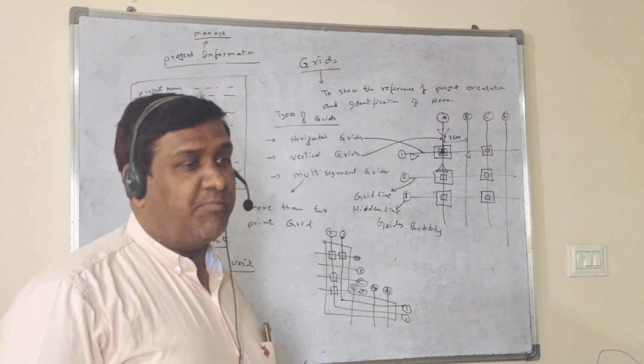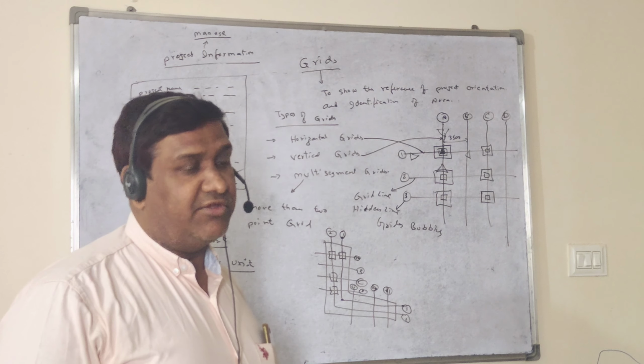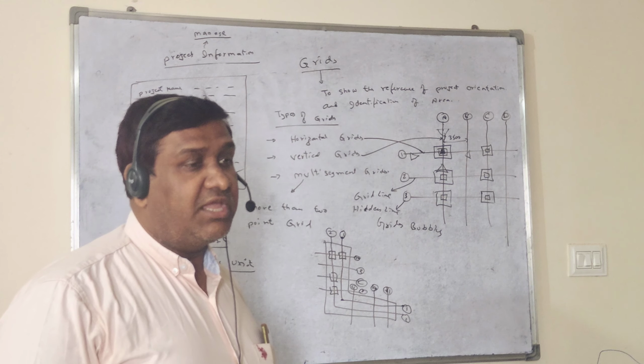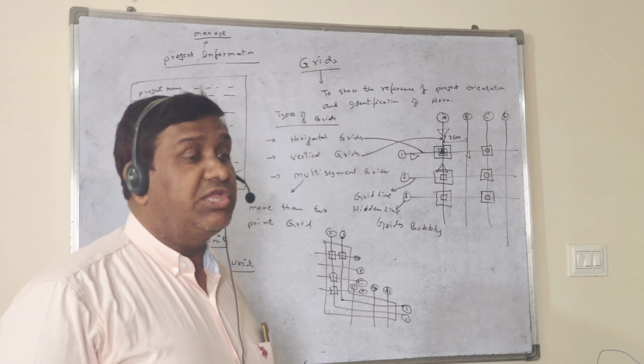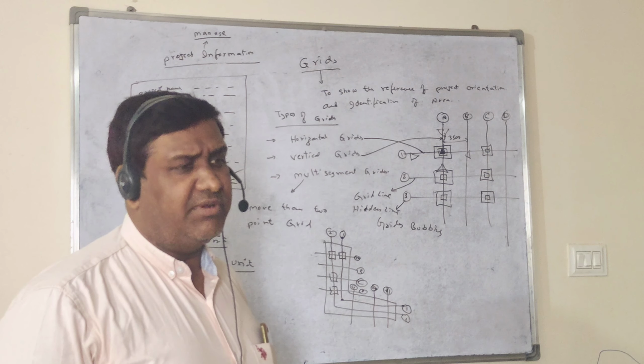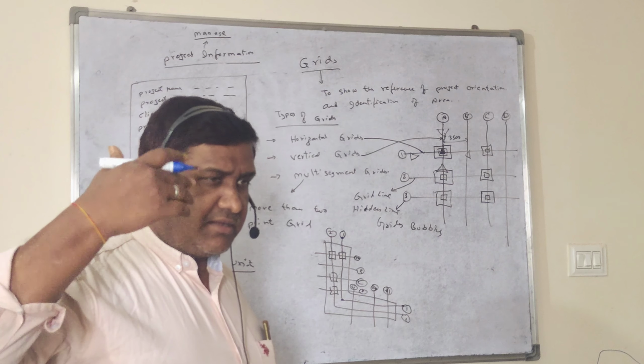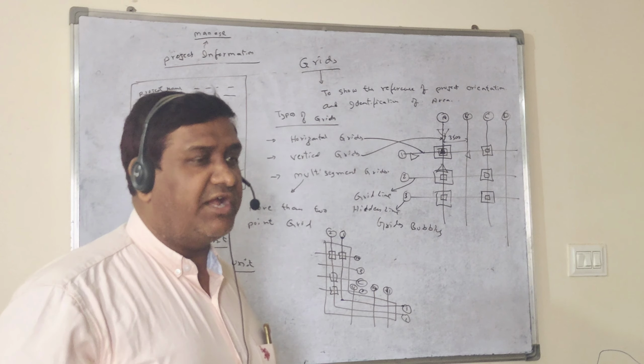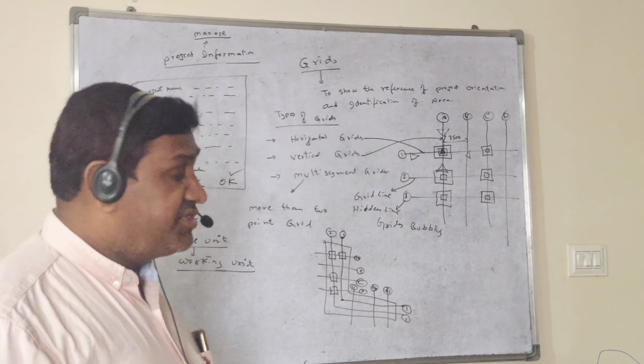Because whatever components you are going to create in a design or model, those components have to be viewed with some units like millimeter, centimeter, or some capacity, some weight, everything. Whatever units you require, you can set them here.